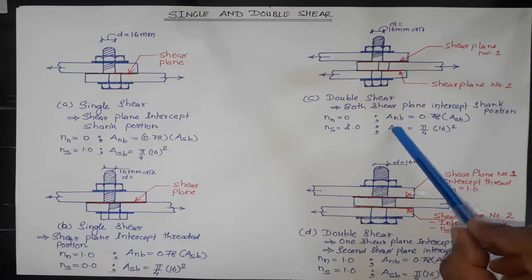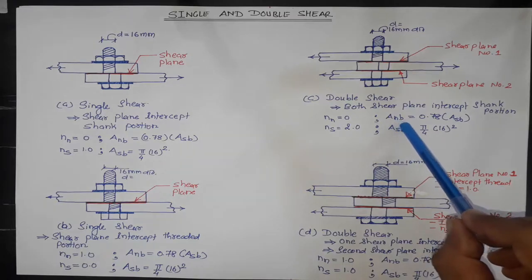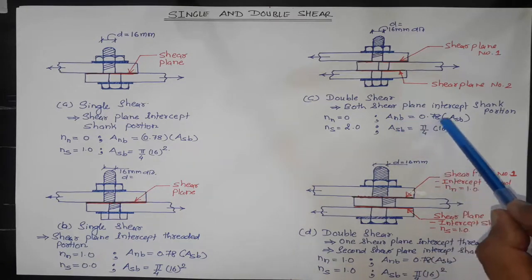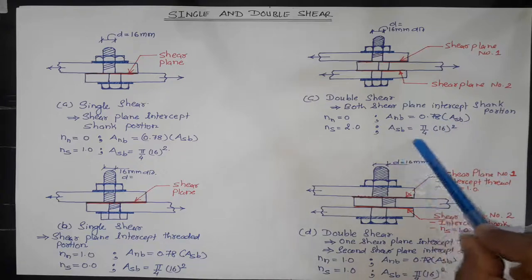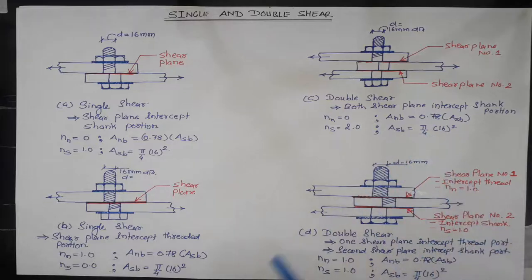ANB is the net shear area of bolt at thread, which is 0.78 of ASB, and ASB is the nominal shank area of the bolt. Figure D is also an example of double shear, but here one shear plane intercepts the threaded portion and one shear plane intercepts the shank portion.